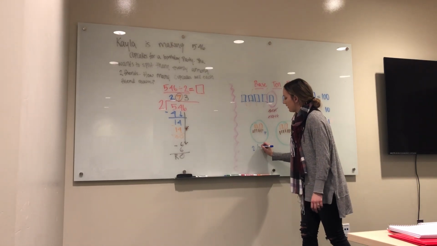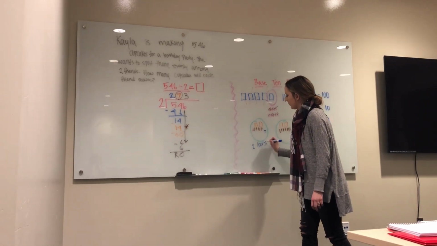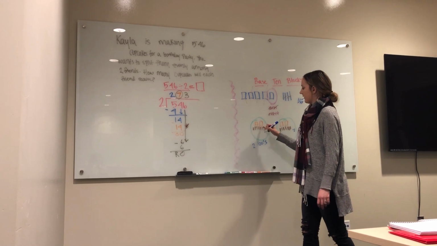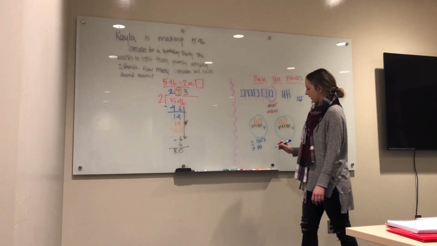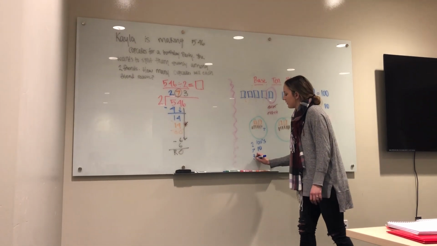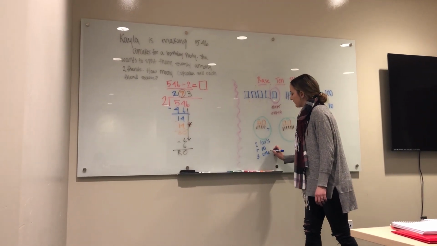All right, and so we have 2 100s, 1, 2, 3, 4, 5, 6, 7 tens, and 3 ones.